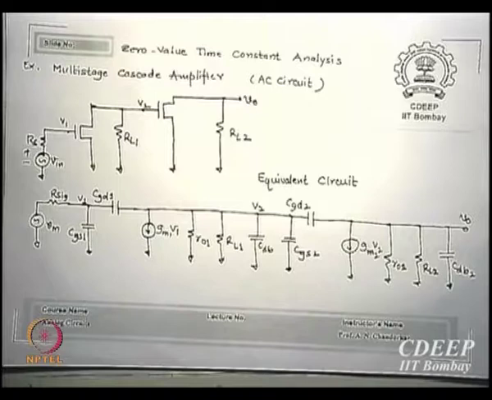If you have cascaded stages, there is a method in which the first stage gain should be higher or lower than the second stage. It should not be equal, that is definite. On what basis do we decide whether the first stage should have a higher gain than the next stage or vice versa? Product is 100, I can make 10-10, 5-20, 25, 33 kind of thing, many combinations, 4-25, 25-4.